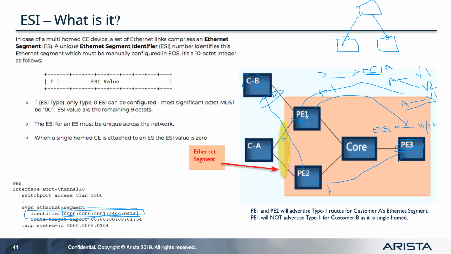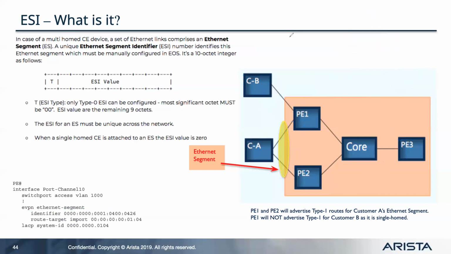Vishal, in case this CE sends an ARP request broadcast basically to PE1, will this be sent to the route reflector spine? One minute. Are you talking about MAC or ARP? Any broadcast, any BUM traffic basically. Okay, broadcast traffic.